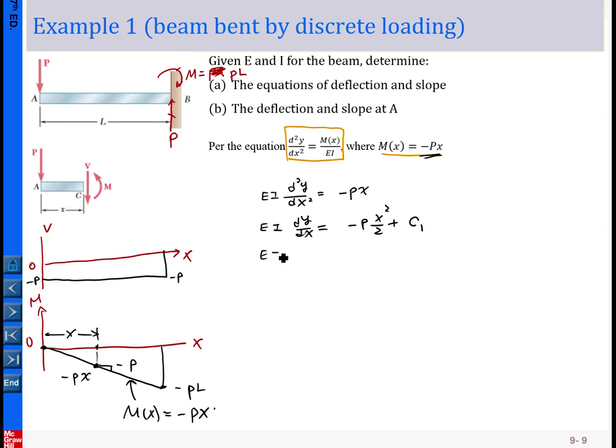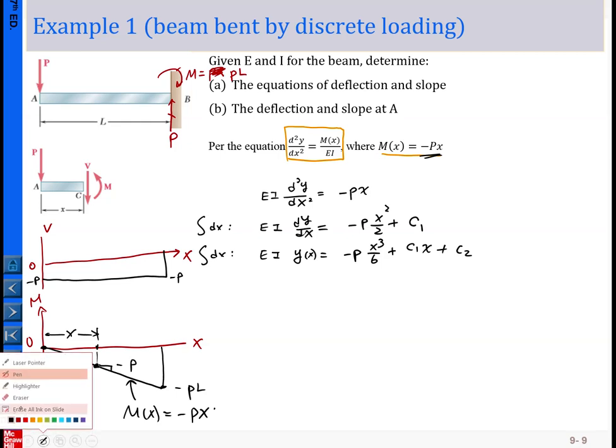Then integrate one more time: y as a function of x equals minus P x cubed over 6 plus C1 x plus C2. Now we look at the boundary conditions.